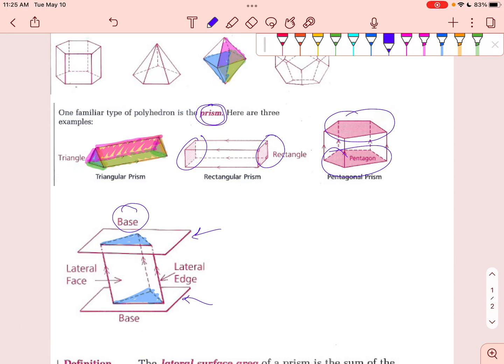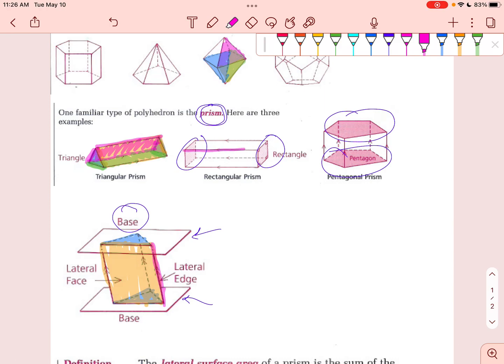And then when the bases are connected, this is called your lateral face, okay, your lateral face. When the vertex is connected to the vertex, that is called your lateral edge. So it's like the sharp, pointy piece right there. That is called your lateral edge.